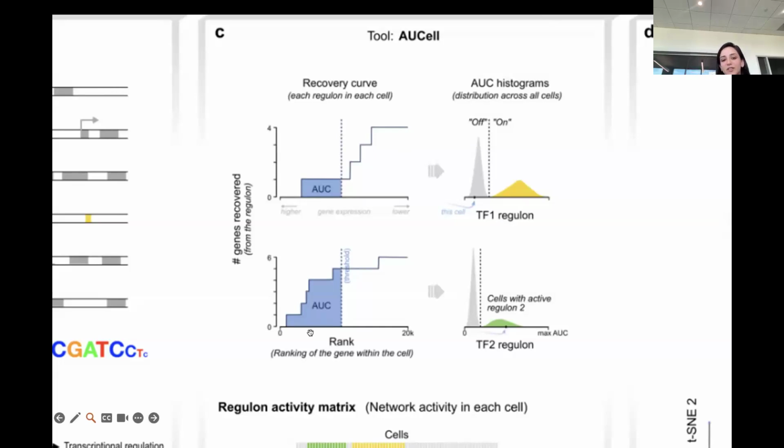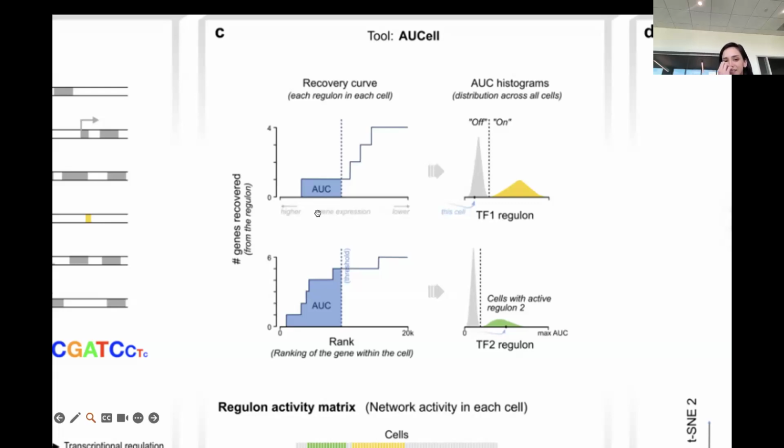But here you can see there are more genes found in the regulon that were ranked as highly expressed, so they call that on. It's a matter of finding what hits I am finding in this set of genes that I think are important because they're highly expressed. It could be anything. It doesn't have to be the regulon.